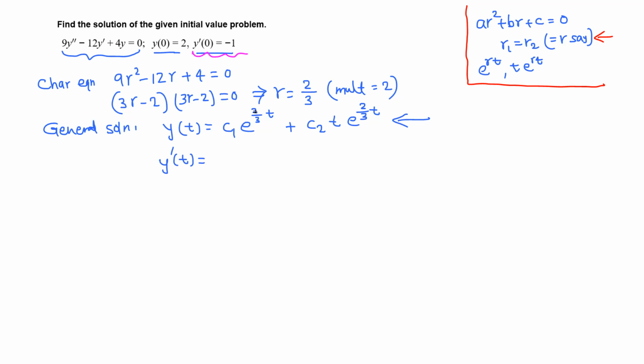Okay, so let's find the derivative. For the exponential function itself, 2/3 comes to the front: 2/3 C1 e raised to 2/3 t plus, we have a product of two functions, so we must use the product rule. So that's C2 times the derivative of the first factor times the second, plus leave the first alone and take the derivative of the second, which is 2/3, I'm going to write in the front, e raised to 2/3 t.